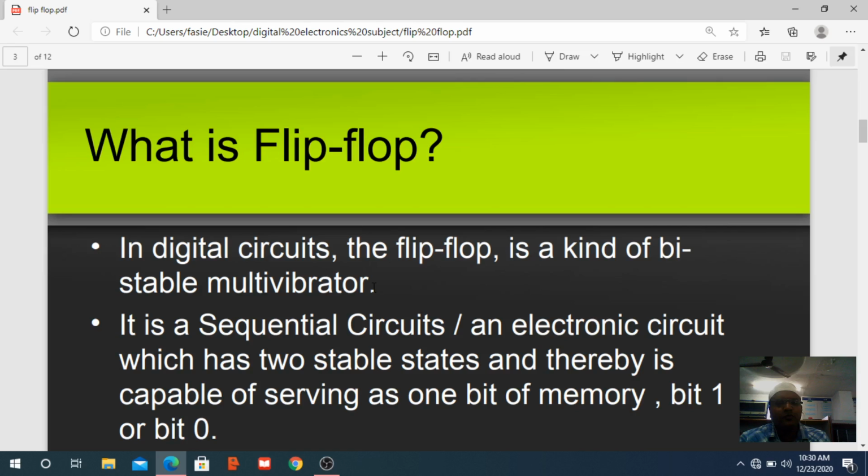What we said just now is that it is a sequential circuit and an electronic circuit element which has two stable states, and thereby it is capable of serving as one bit of memory.